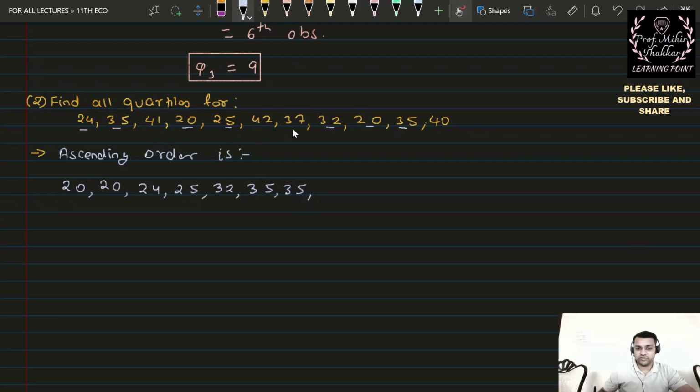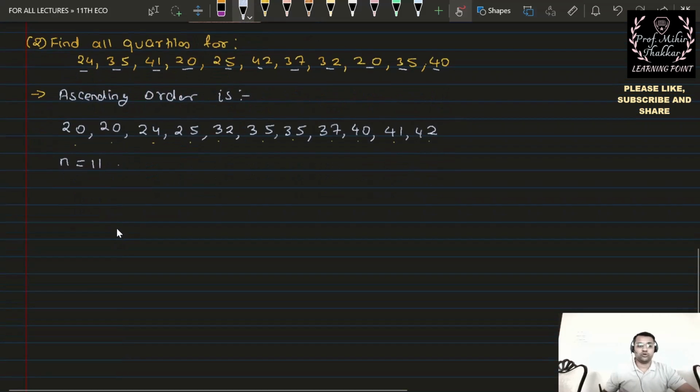After 35, we have got over here 37 and 40. After 40, the next number that we have is 41 and 42. So all of them have been taken up. So now when I count them, 1, 2, 3, 4, 5, 6, 7, 8, 9, 10 and 11. So I can understand that there are 11 observations.